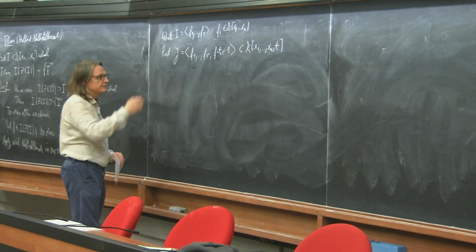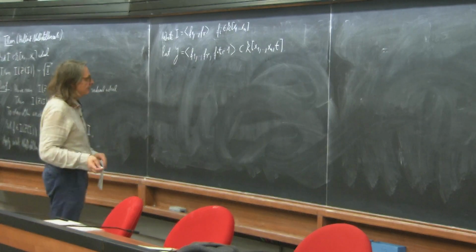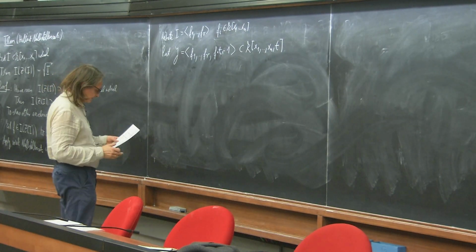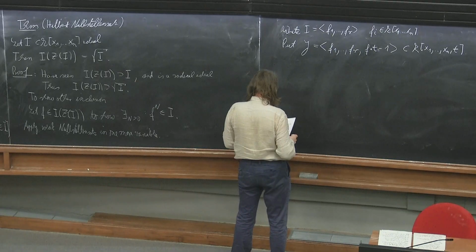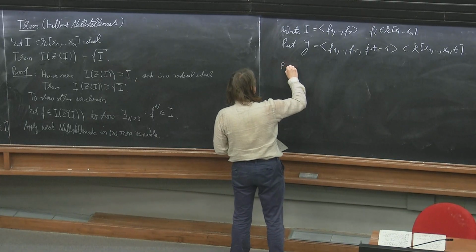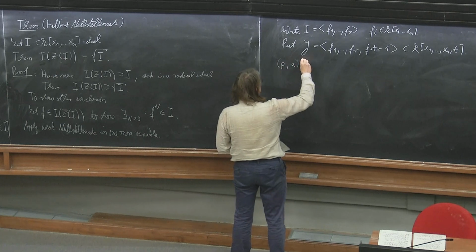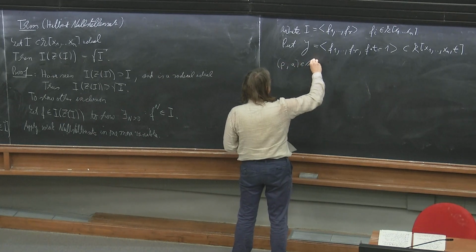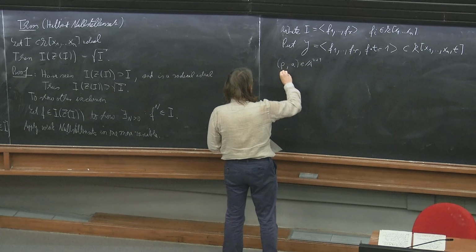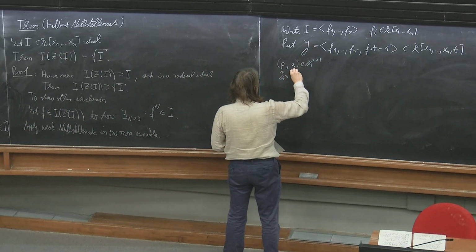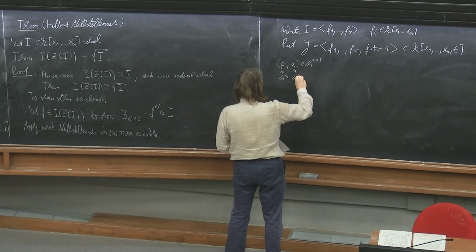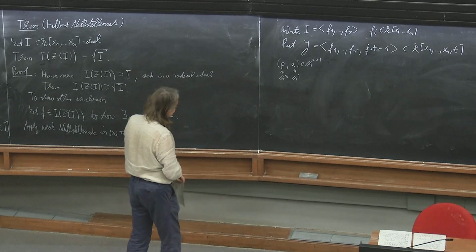So what is the zero set of this ideal in affine n plus 1 space? If I have a point (p, a) in A^(n+1), where p is an element in A^n and a is just in k.